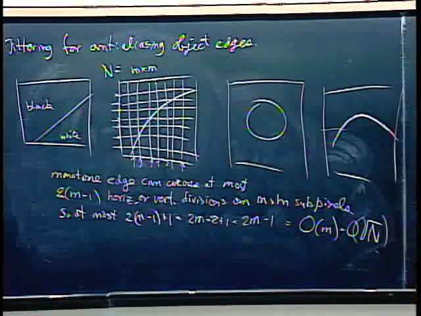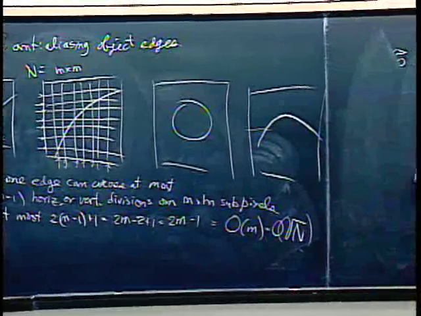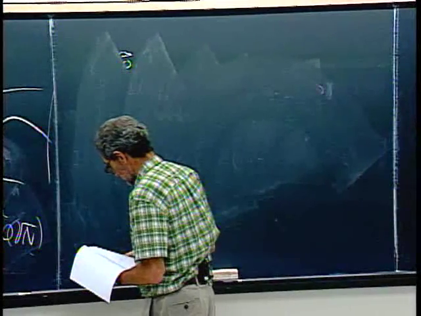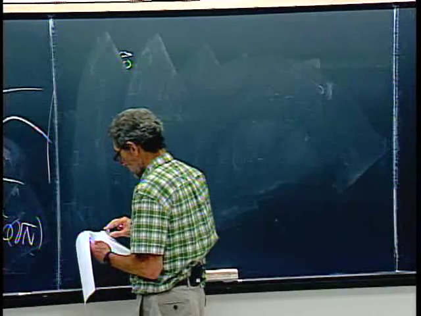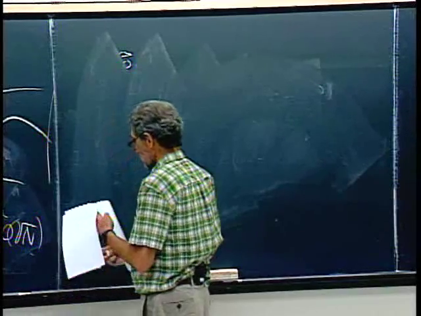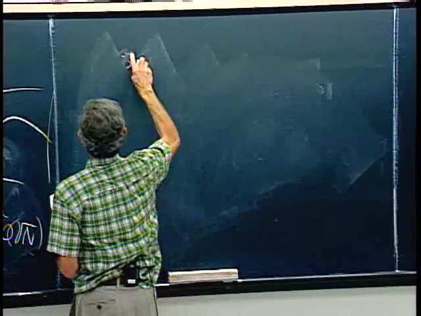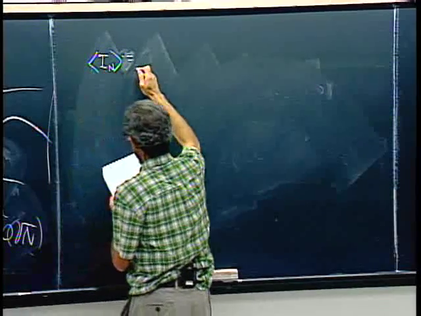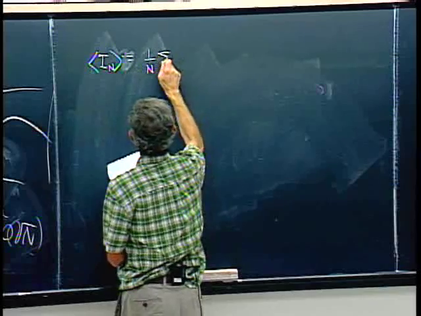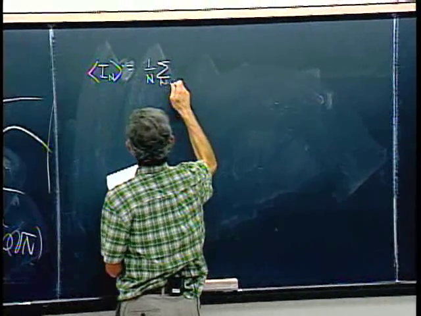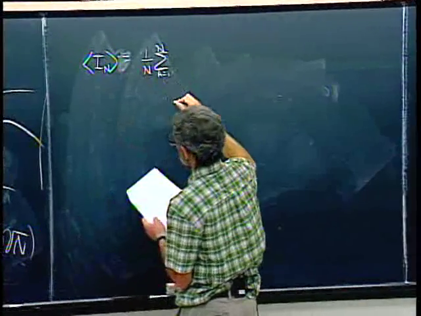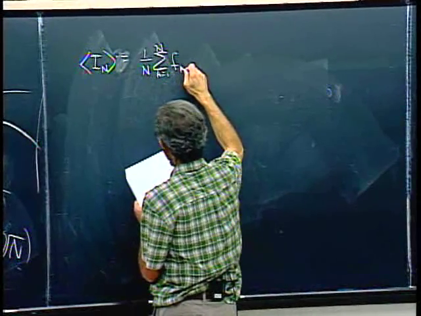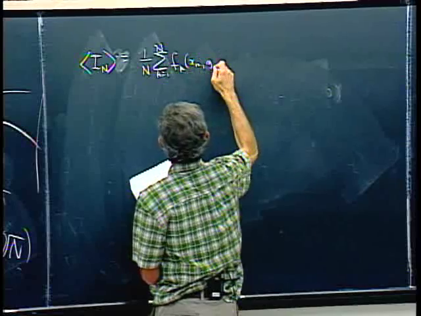So what we're trying to estimate is the variance. So our estimate I_N is 1 over n times the sum k equals 1 to capital N, where k stands for one of these subpixel samples of f, k, x_k, y_k.